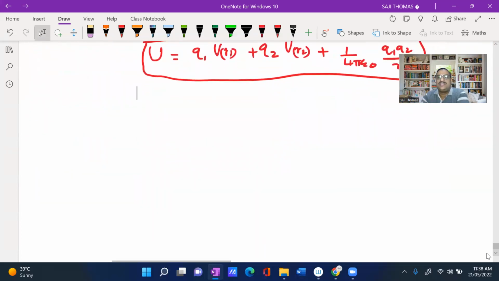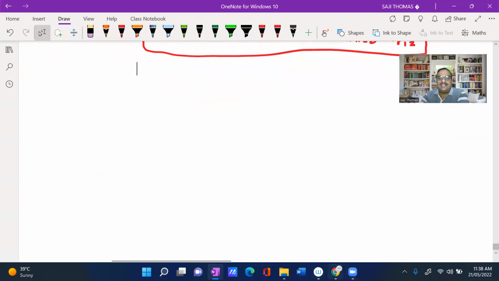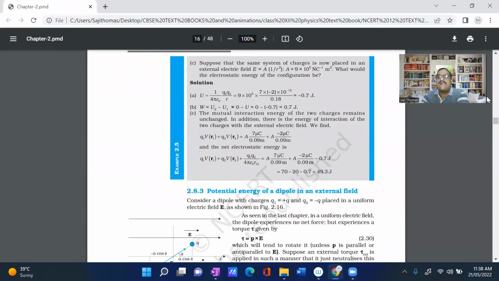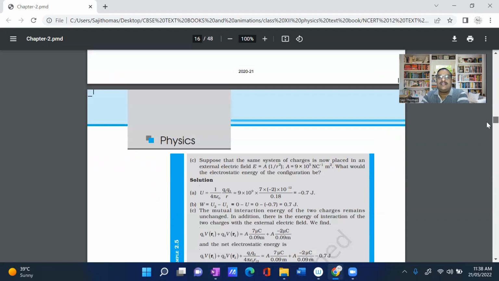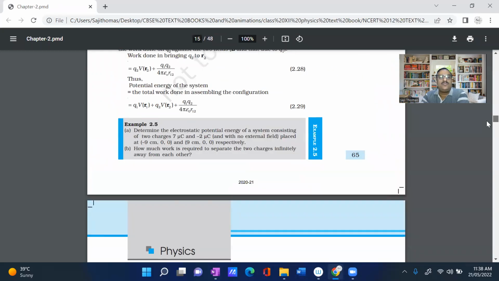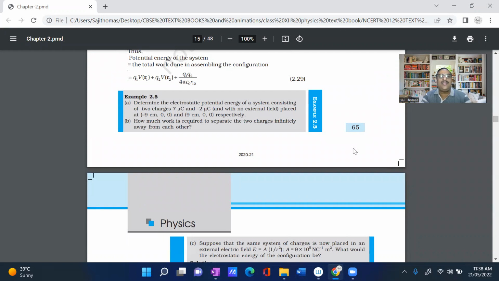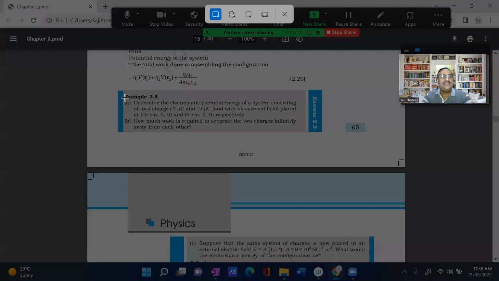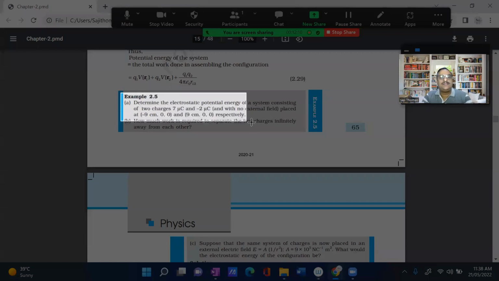I will give you the question first. This is example 2.5 from your CBSE NCERT textbook.